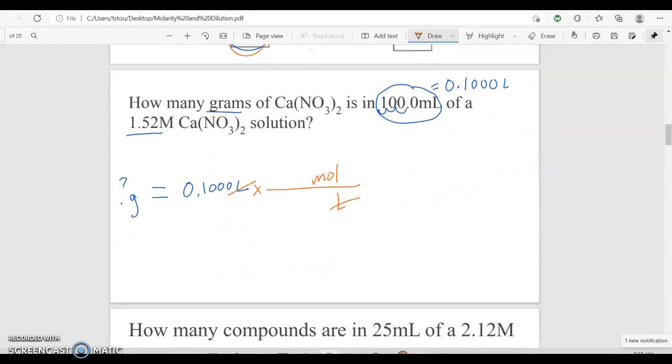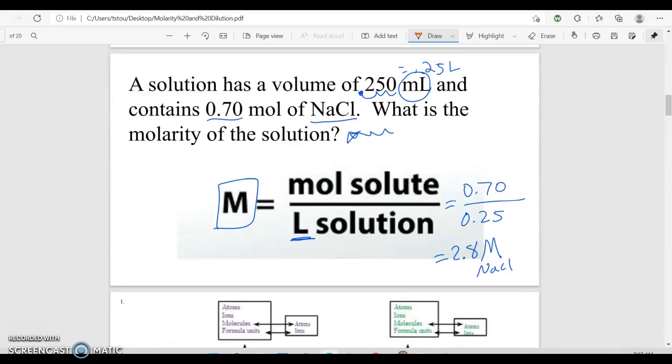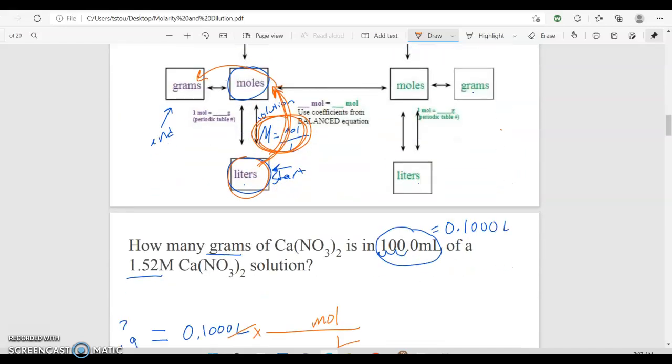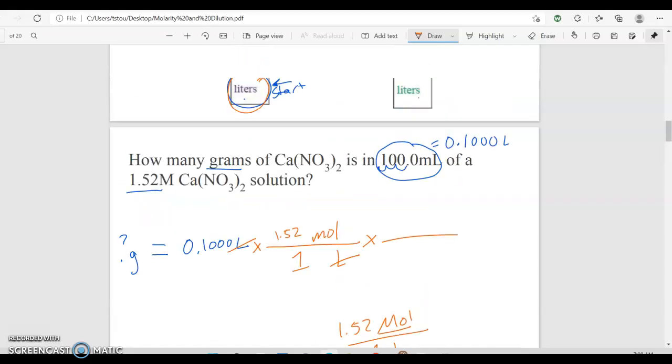Let me take a moment to write that down. 1.52 molar. What that really means is moles per liter, per 1 liter. I know that. I'll go back to the definition. The definition tells me that means moles per liter, per 1 liter. So here, that tells me 1.52 goes with moles per 1 liter. Got it.